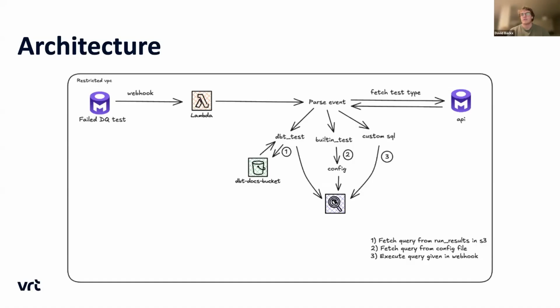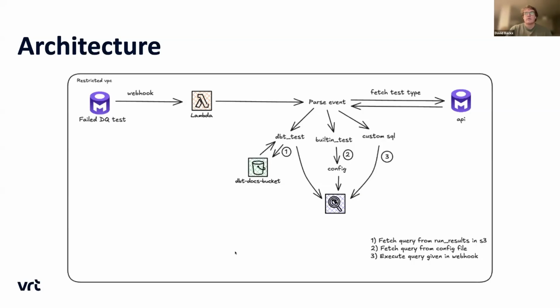For custom SQL, the SQL is sent in the event, so we don't have to do anything there as well. But for built-in tests, we have to know what kind of test it is. For example, column cannot be null, stuff like that. We don't get it, so we fetch it from the API first, and then through some config, we can get the SQL back.